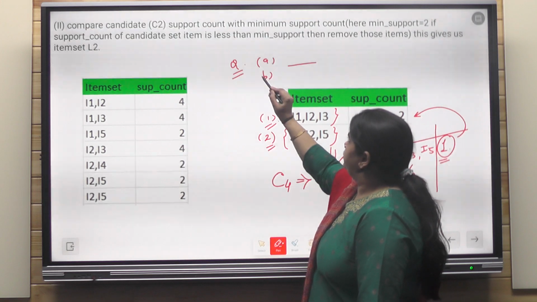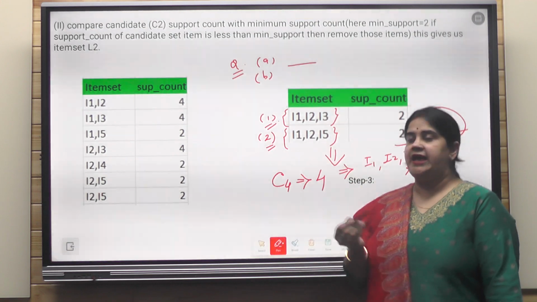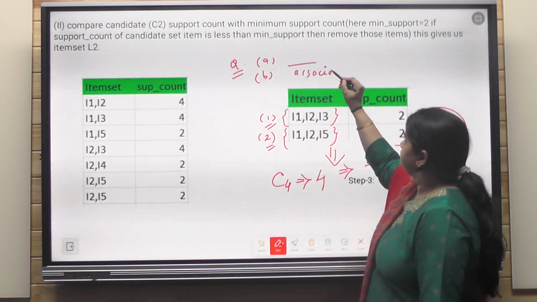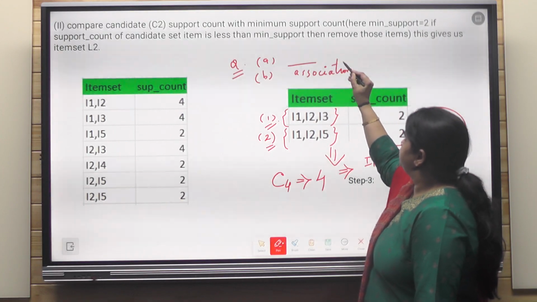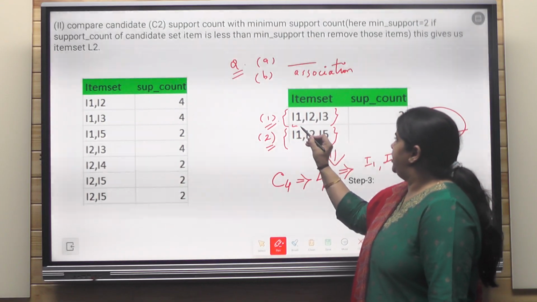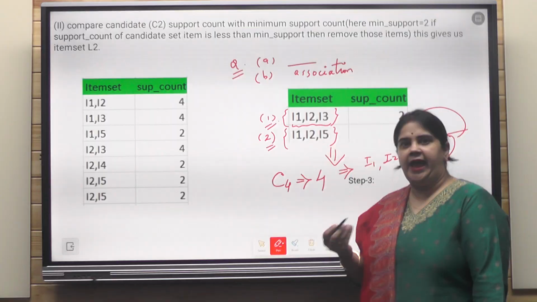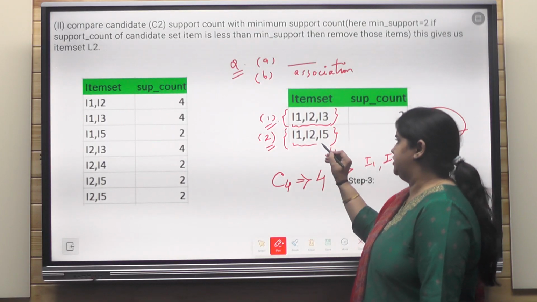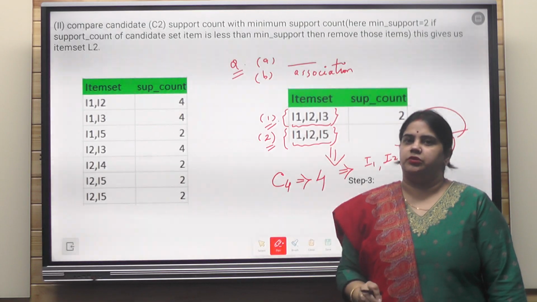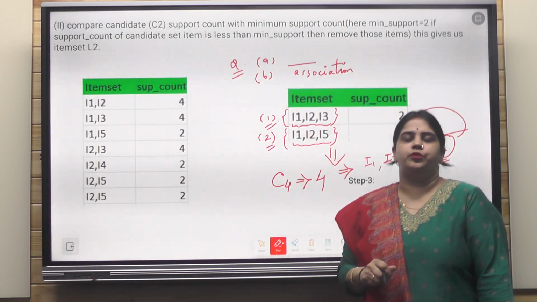Now my second question says, what will be my association rules? Association rules obviously will be different rules from this set and different rules from my set 2. But we need to ensure what? The minimum threshold. Are we going to consider support 2 here?